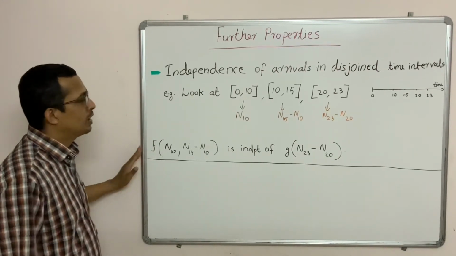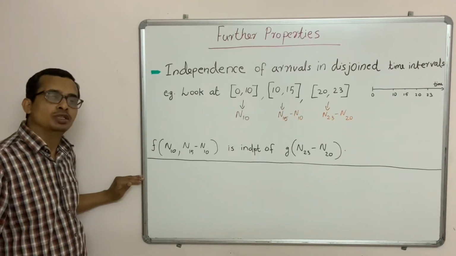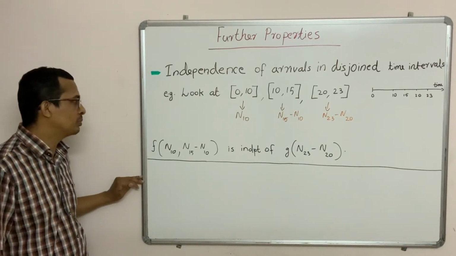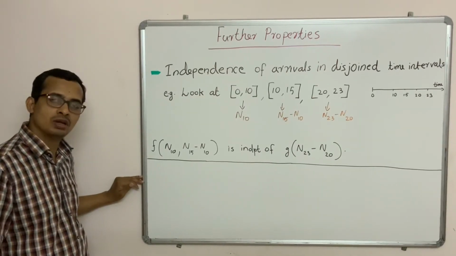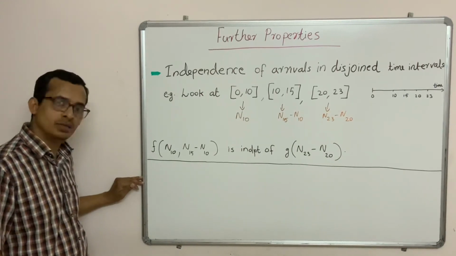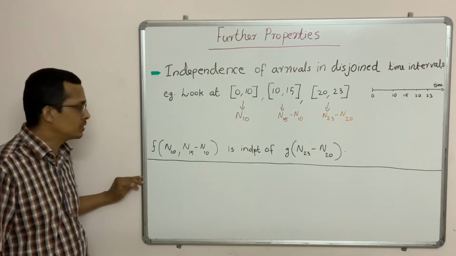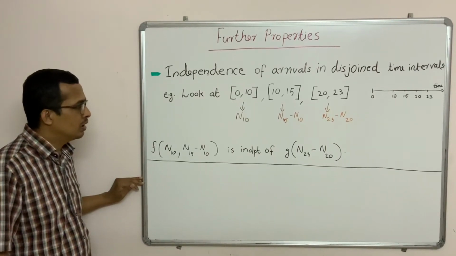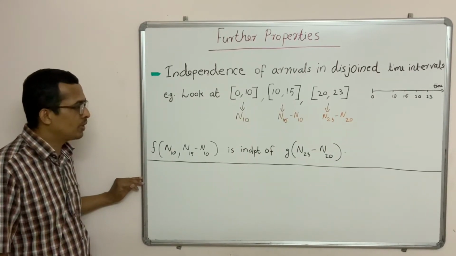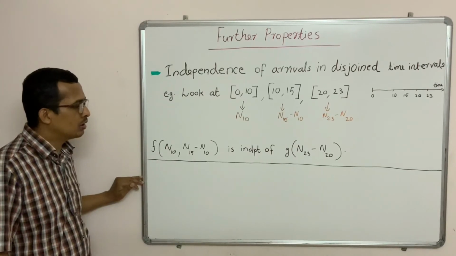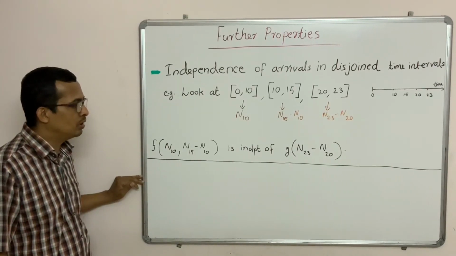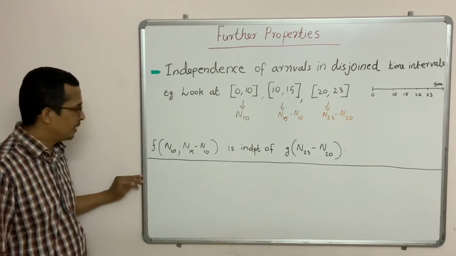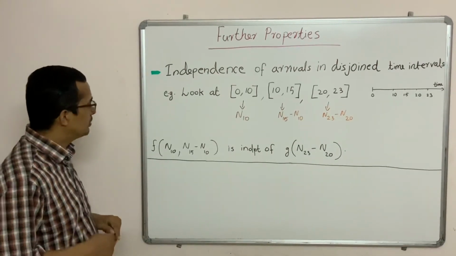So we now have three random variables. Each of them is Poisson, we already know that. N10 is Poisson with parameter 10 lambda, where lambda is the rate of the Poisson process. N15 minus N10 is Poisson with parameter 5 lambda, and N23 minus N20 is a Poisson random variable with parameter 3 lambda. We have three Poisson random variables with different means.